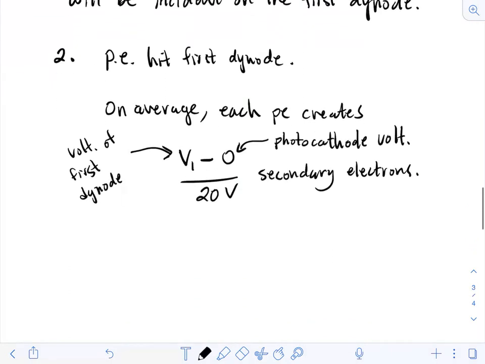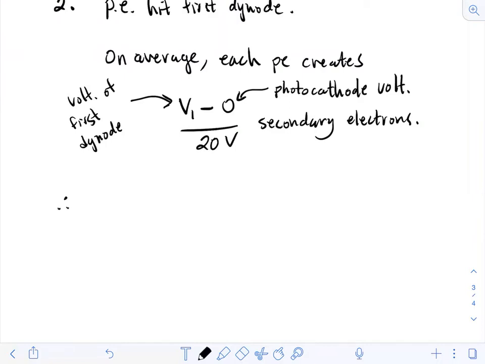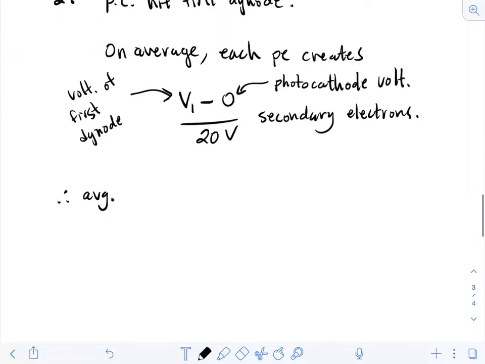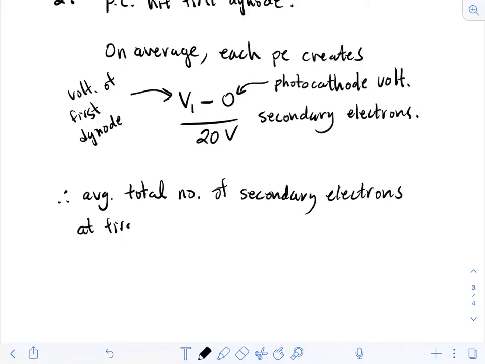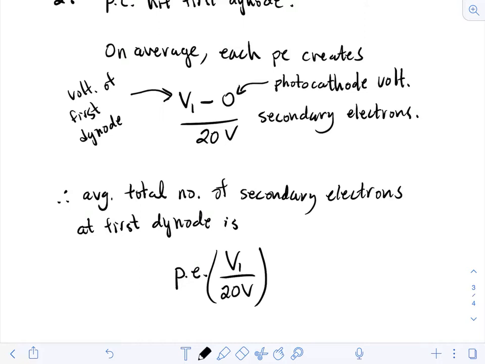Okay, so therefore what we should expect is that the average total number of secondary electrons at the first dynode should be the number of photoelectrons that are coming in, and then the number of secondaries for each one of those should be the dynode voltage divided by 20.